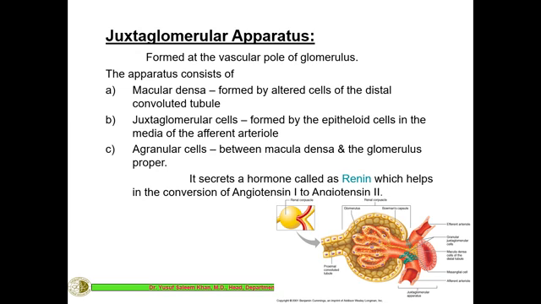This angiotensin 1 conversion into angiotensin 2 is very important because it helps in the control of the blood pressure. This is how the blood pressure is controlled by this JG apparatus by production of a hormone called renin. The details we will discuss when we discuss the histology in a separate lecture.